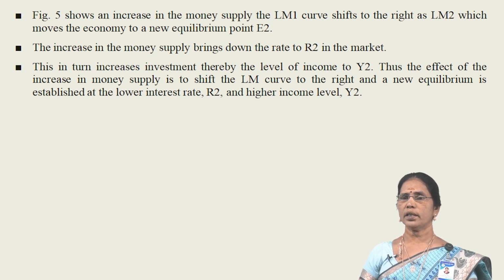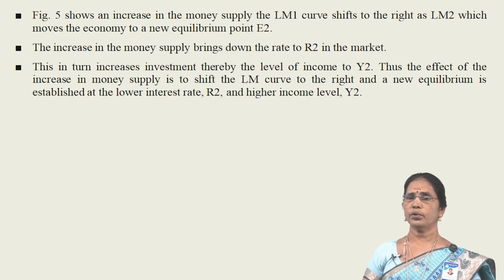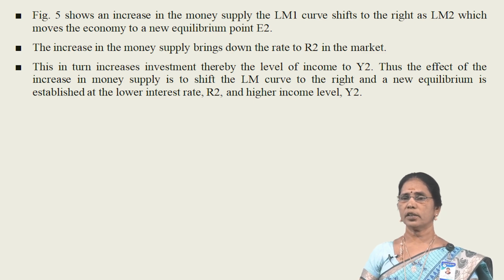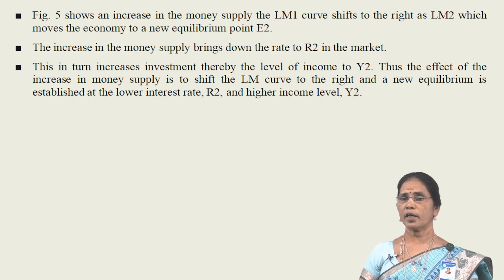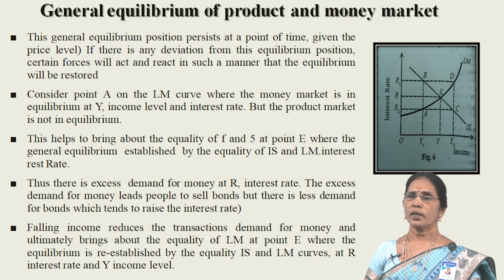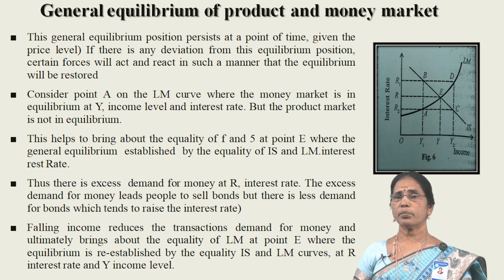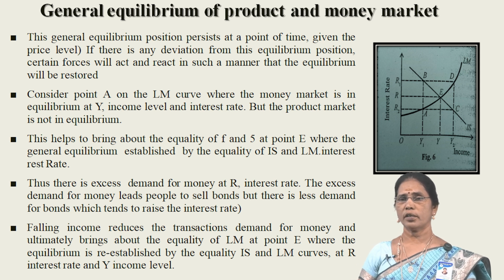This in turn increases investment, thereby raising the level of income to Y2. Thus the effect of the increase in money supply is to shift the LM curve to the right, and a new equilibrium is established at the lower interest rate R2 and higher income level Y2. Now we see the general equilibrium of both the product and the money market.